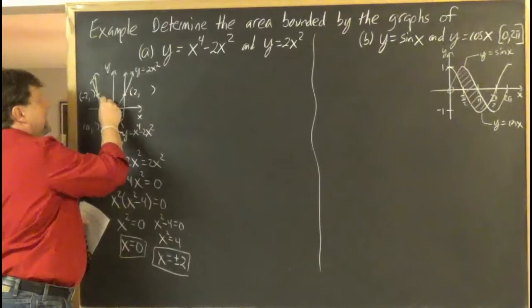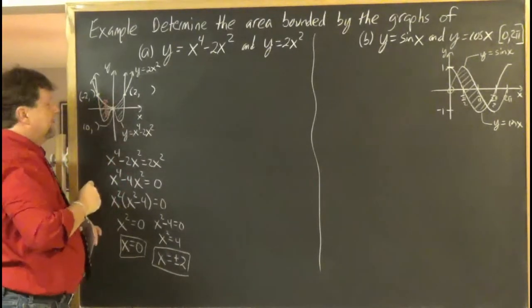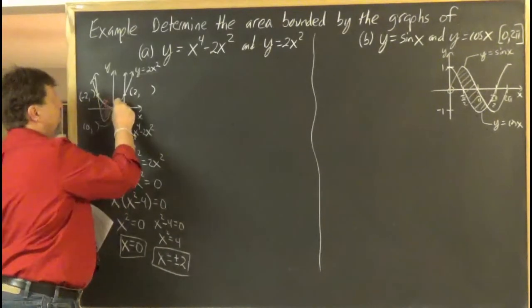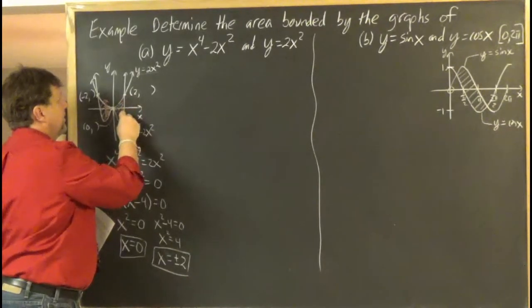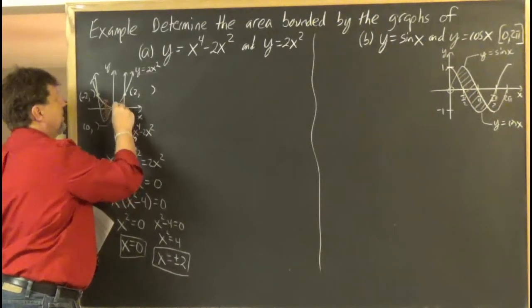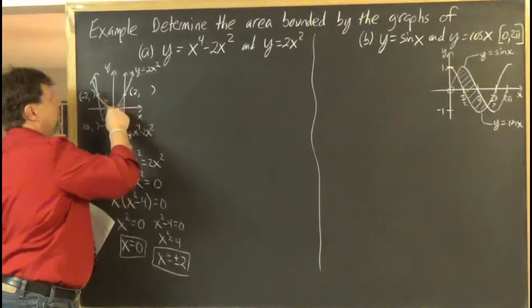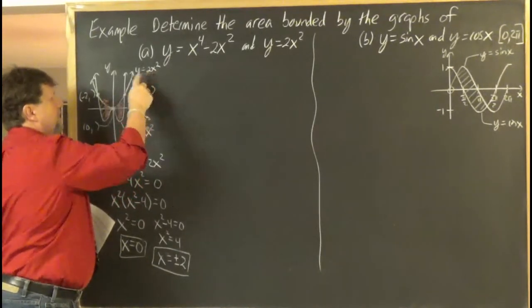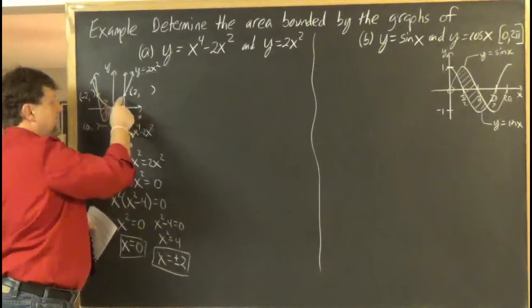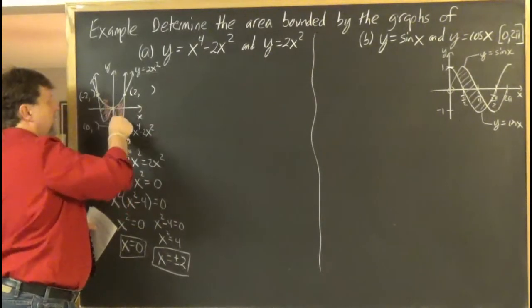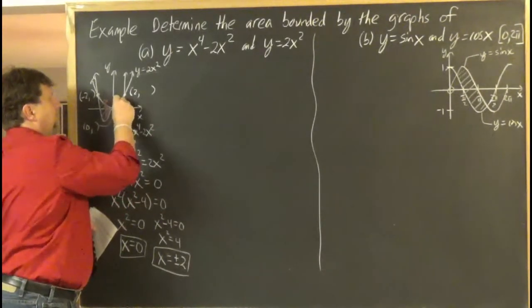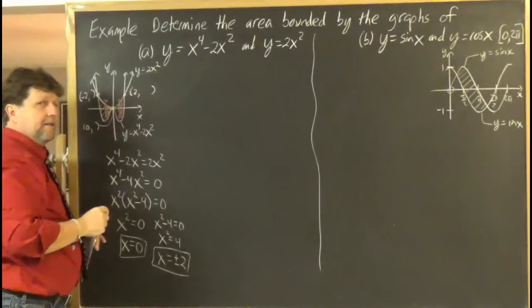The base is delta x. Notice though, no matter where I put a rectangle over here on this region, 2x squared is still the top curve, and x to the fourth minus 2x squared is still the bottom curve, and the base of the rectangle is delta x.